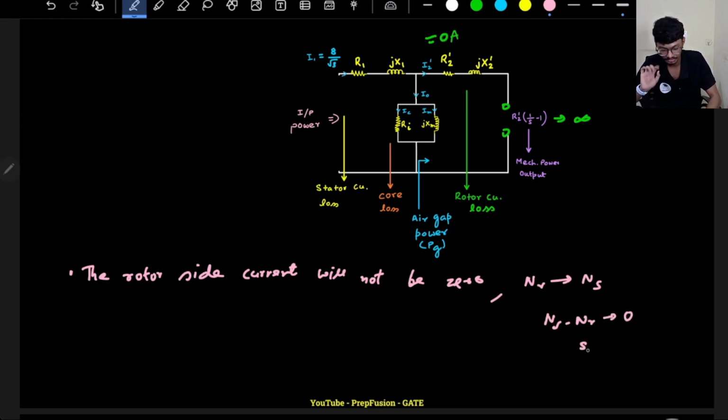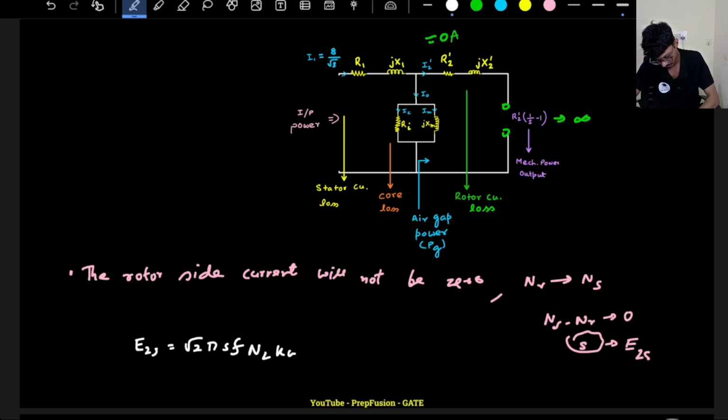So there will still be some slip, and due to the slip there will be some induced EMF on the rotor side, E2S, and due to this some current will flow, but the value of the current will be very low. What is E2S equal to? E2S equals root 2 pi S into F into N2 into KW2, and phi also is there.